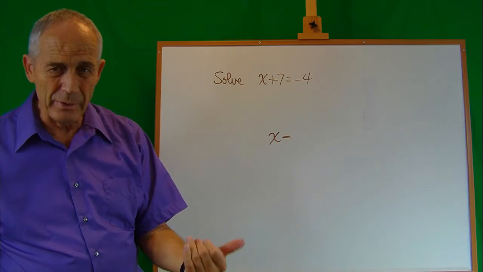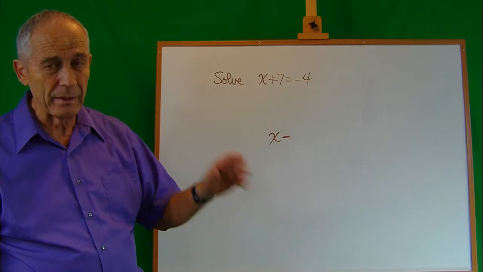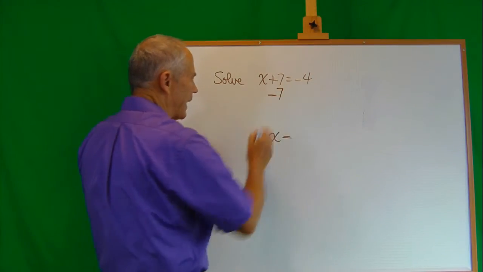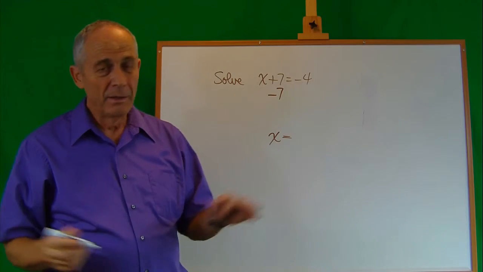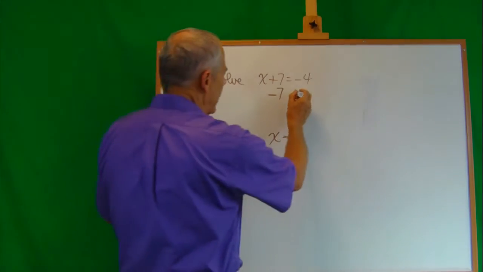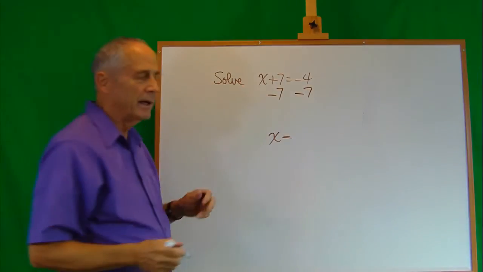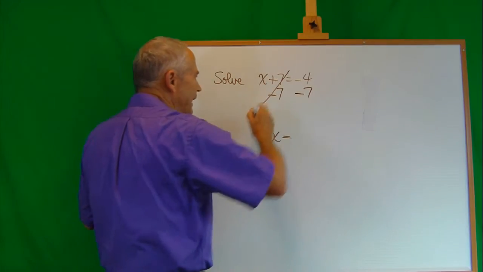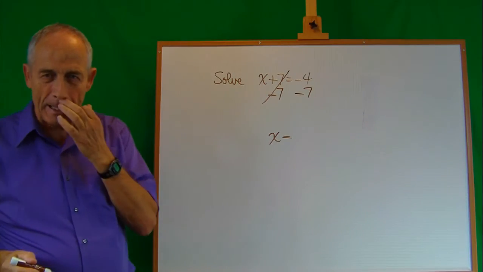So I'm going to undo that, remembering now that addition and subtraction undo each other. I'm going to subtract 7. But because of the principle of balance, I know if I subtract 7 there, I have to subtract 7 over there. Plus 7, subtract 7, they undo each other, cancel each other out.